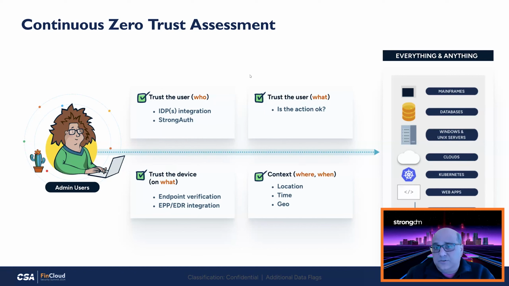Oftentimes, to adopt zero trust, step one, rewrite all your applications. For an enterprise that has been around for decades, if not centuries, and has several generations of software, that's a pretty tall mandate. Instead, what we say is you can wrap the infrastructure or application you're attempting to access with StrongDM.